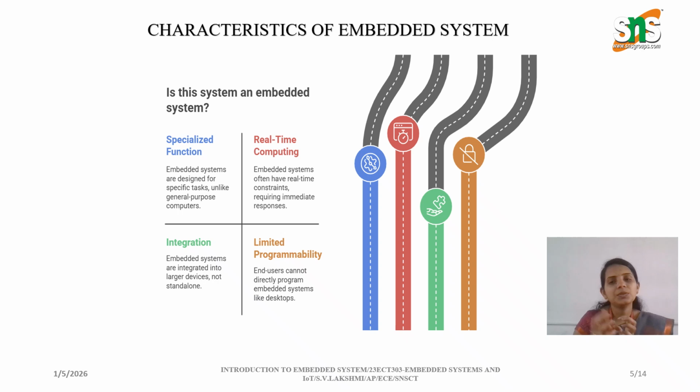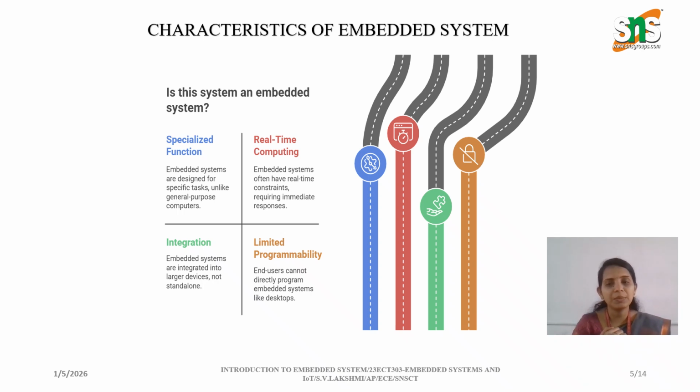The characteristics of an embedded system are that it is mainly meant for a specialized function. Unlike a general purpose computer, the embedded system is meant only to perform a specialized function, and it is for real-time computing.